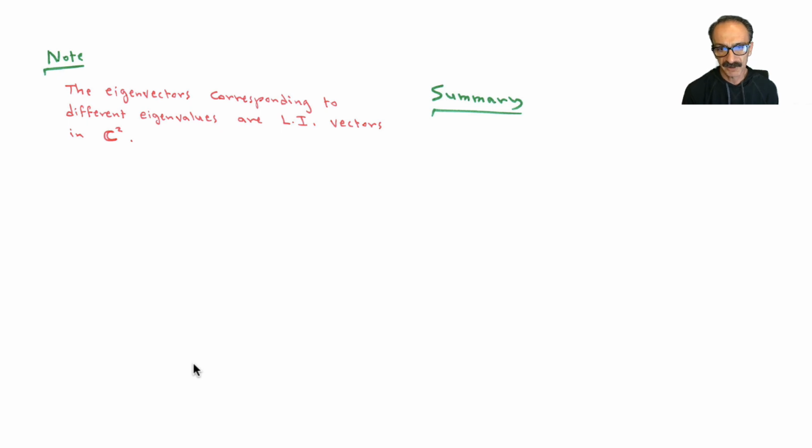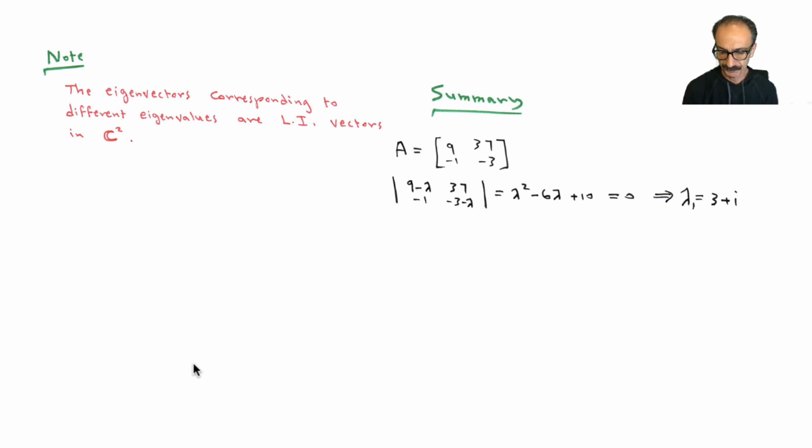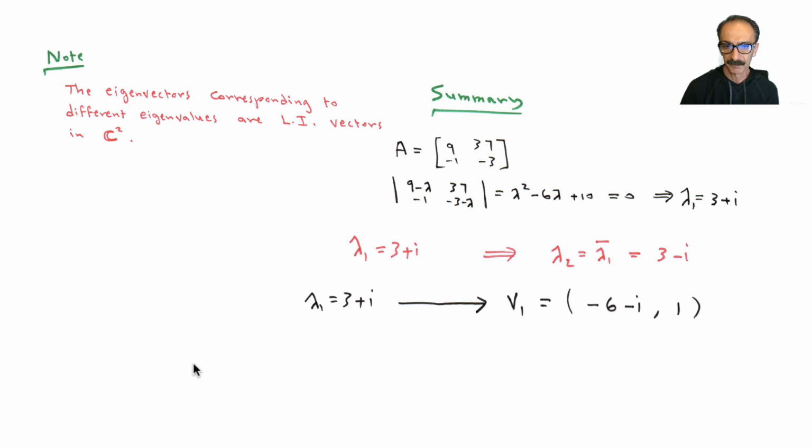Here's a summary of what I was trying to say to you. The matrix A was given to me, and we tried to solve with lambda inside, the determinant of A minus lambda I. We came up with lambda 1 equals 3 plus i, which means lambda 2 is the conjugate, which is 3 minus i. Lambda 1 gave me v1.